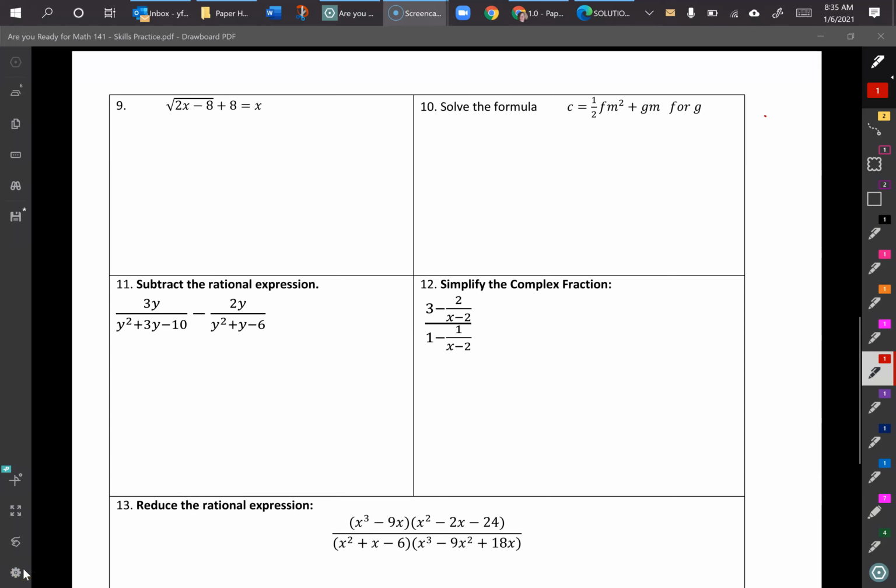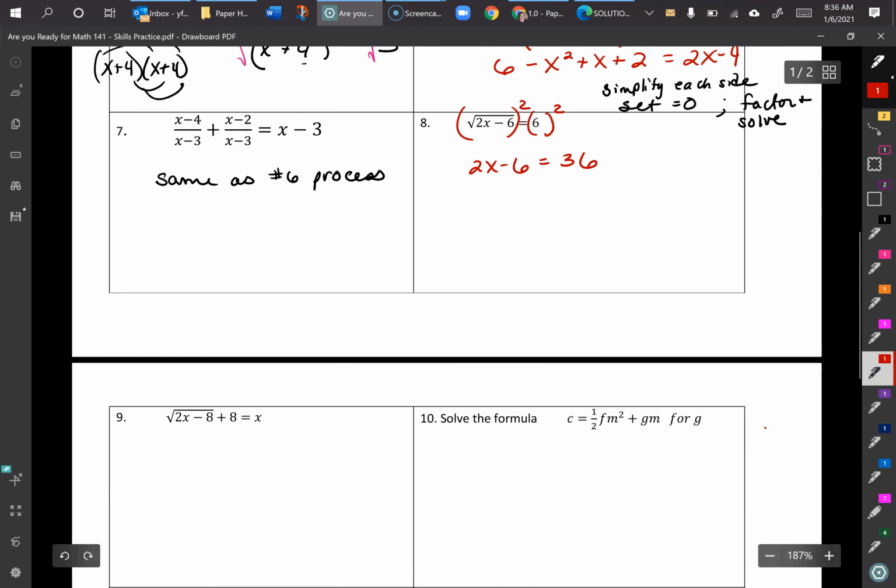Okay, so for number 9, it's very similar to the radical one we just did. One thing I want to point out for number 7, you are going to get one answer that's extraneous, that it cannot be equal to.